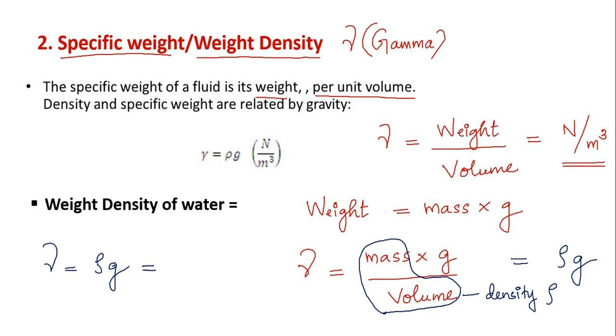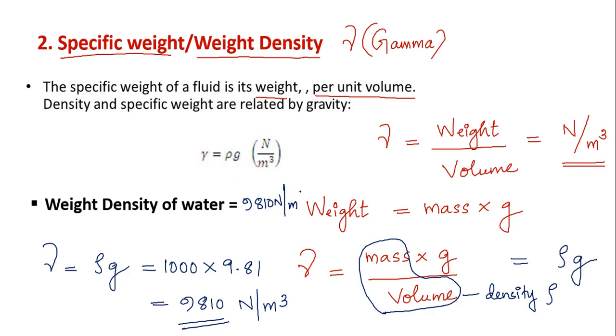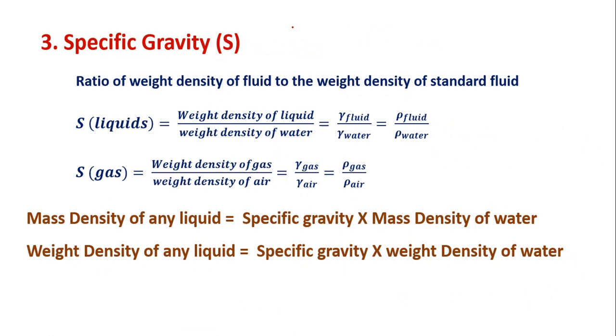We know that density of water is 1000 kilogram per meter cube and acceleration due to gravity is 9.81. So weight density of water will be 9810 Newton per meter cube.